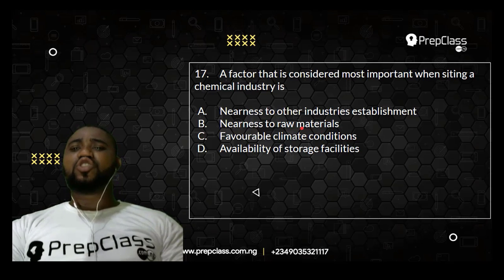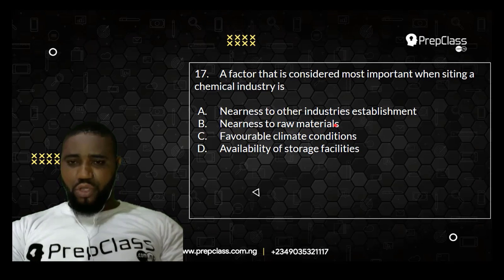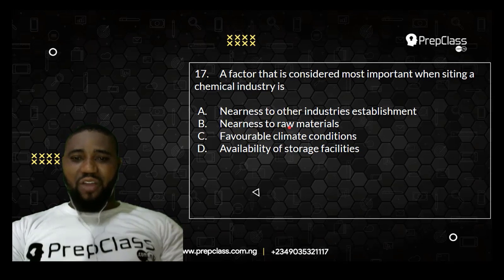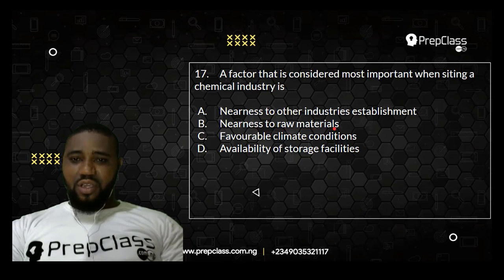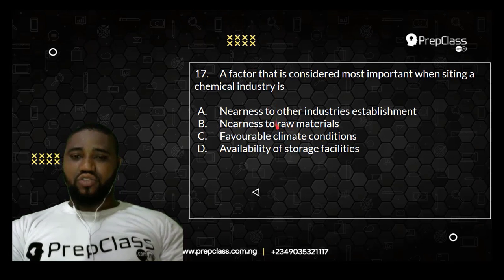Because the raw material is used to produce the finished goods, without it you cannot even start any process. Without the raw material, there will be no products. So raw material is like the bedrock of any industry, because without it, nothing will happen.